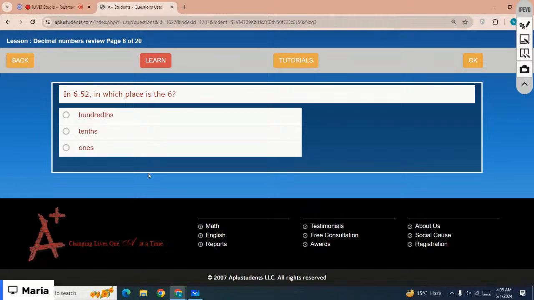The correct option is 6 is at the ones place. The correct option is ones, right?